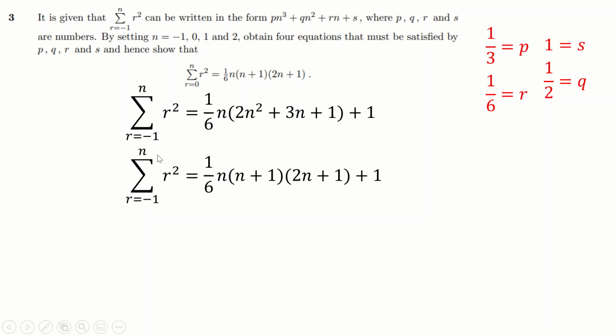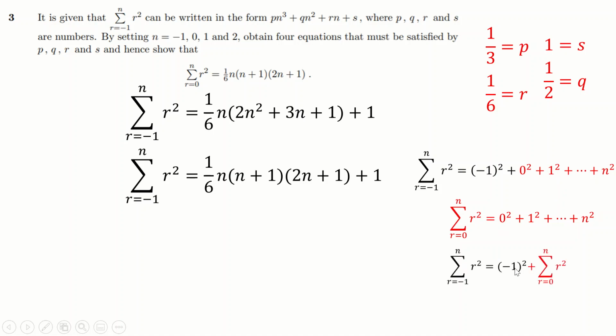So what do I do about this? Well, I remember what this sum actually is. This sum is the sum from -1 squared up to n squared. And I've colored this in red because the sum starting at 0, the one they want, starts at 0 squared and goes up to n squared, which means this sum, the one that I have and don't want, is -1 squared plus this sum, because this sum is just all the red bit.